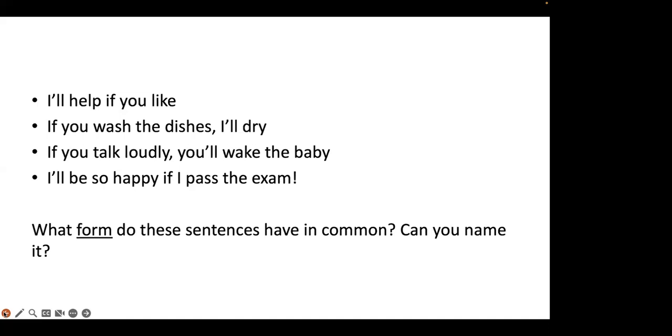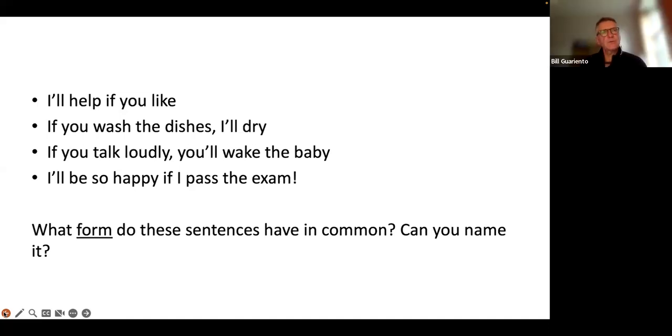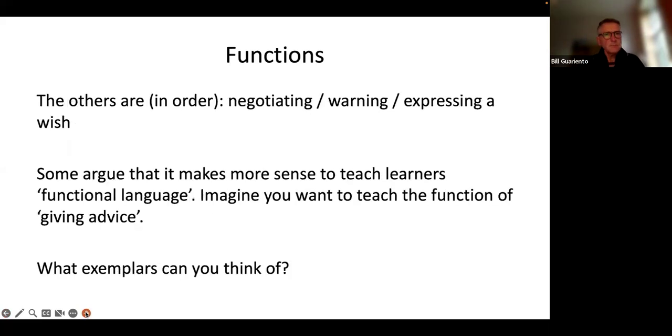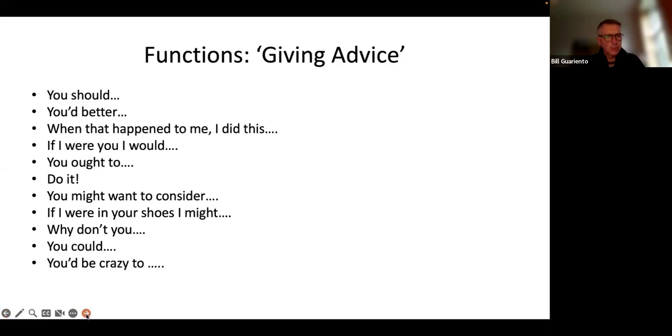Maybe it is a little more useful in communicating if you have the functions ready. But some people have a different learning style, and they like to learn all of the forms together and then adapt them to the situation. So we're all different. And of course, you can mix. Yeah. Okay.